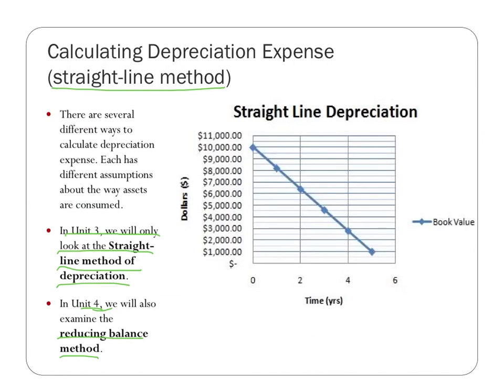The initial value of the van is going to be $10,000. And eventually, as it wears out, as the years pass by, the value of the van is going to be depreciated over time. So it's going to reduce gradually over time.